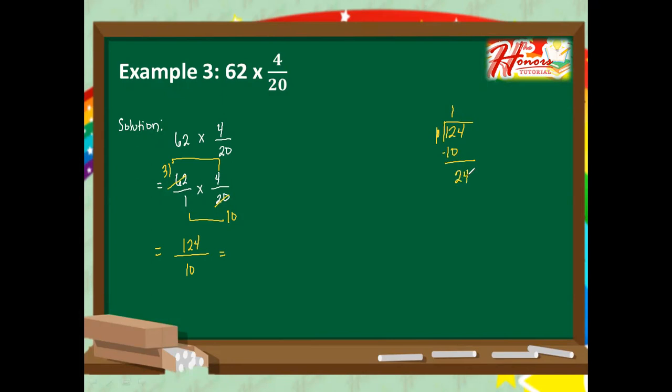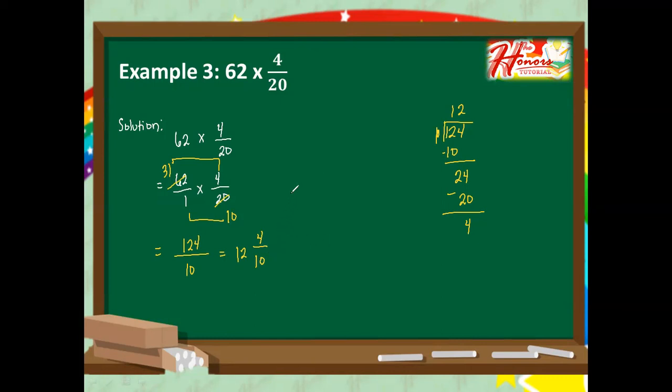Bring down 4. 24 divided by 10, that's 2. 2 times 10, that's 20. 24 minus 20 is 4. So remainder 4. So let's have the quotient first, that's 12 here. And then the remainder, that's 4. And then our divisor, which is 10.